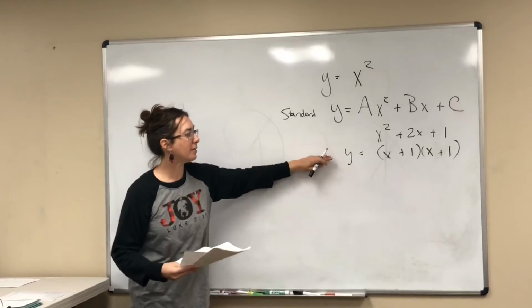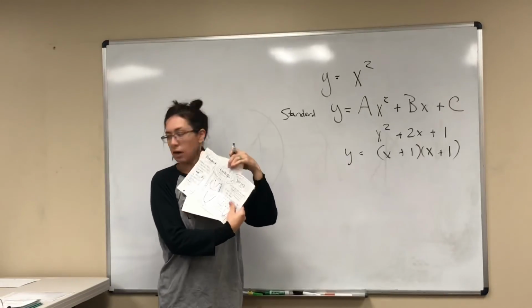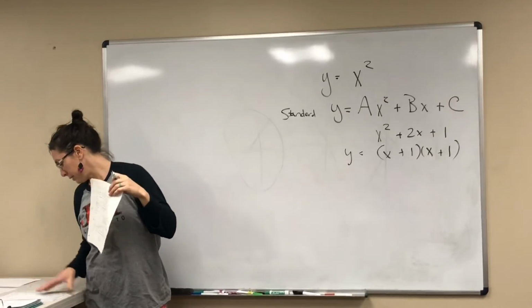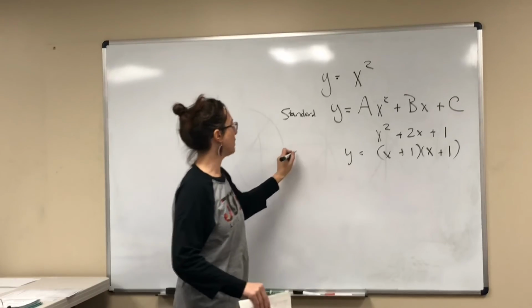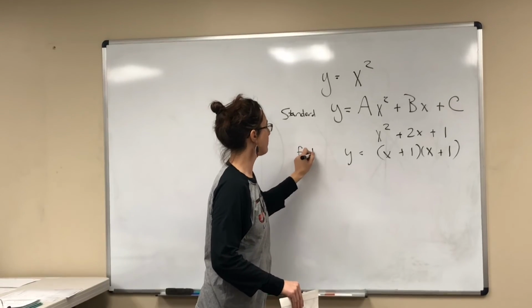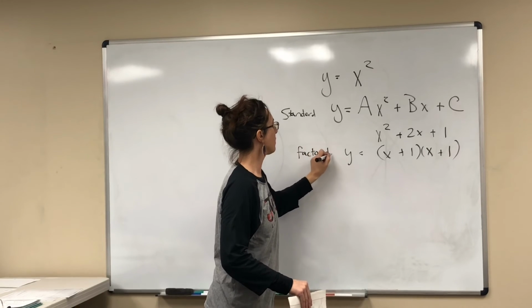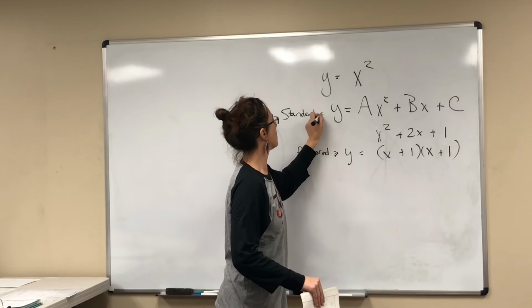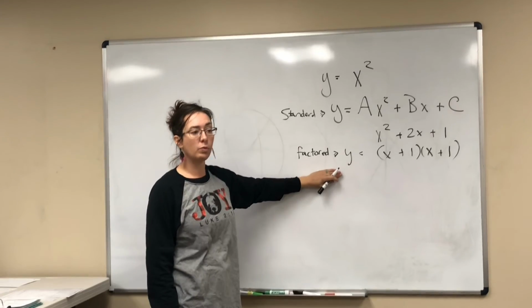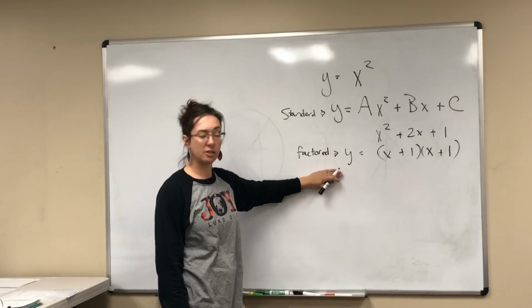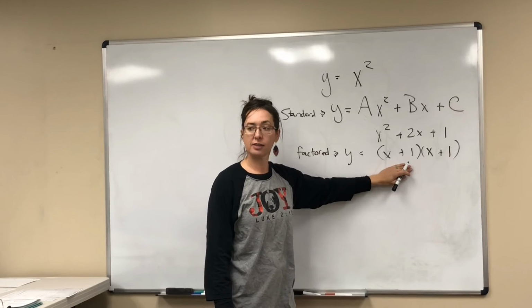Then we have a factored form. That is not on this sheet. This is one of the ones you'll need to know. So we have factored form. Our factored form with quadratics gives us solutions, right?